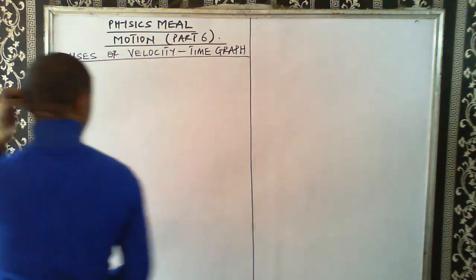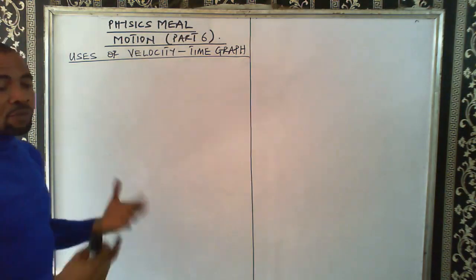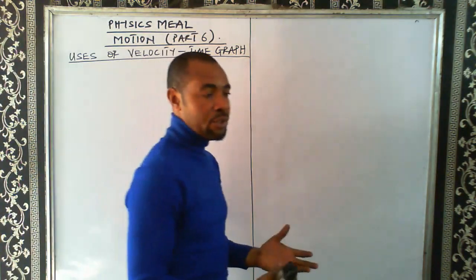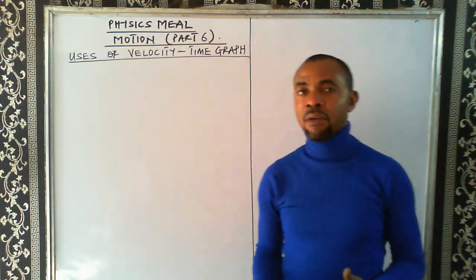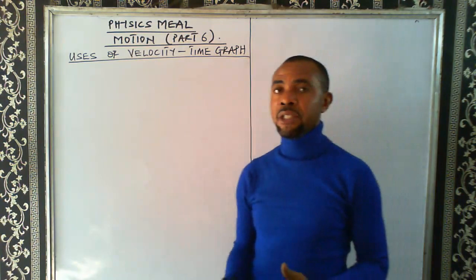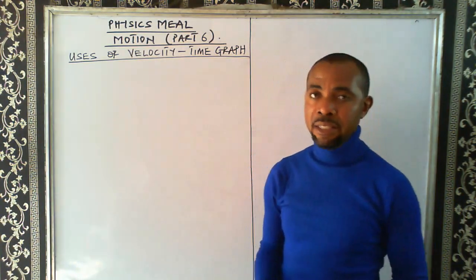Okay, let's move. Now, the velocity time graph can be used in finding acceleration, finding deceleration, and also finding distance.